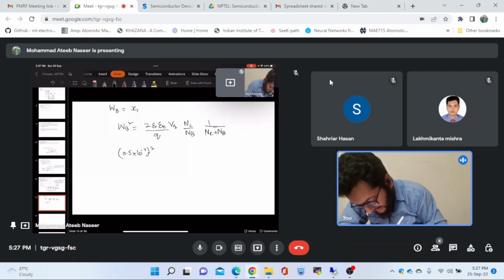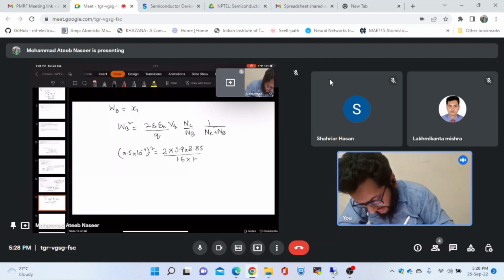So let me put it like that, and it is 2 times the epsilon naught, and this epsilon naught let us take it to be equal to 3.9 into 8.85 divided by 1.6 into 10 raised to minus 19. Okay, since we have to take the material that is silicon, let us take this to be equal to the dielectric constant for the silicon material, not the oxide.